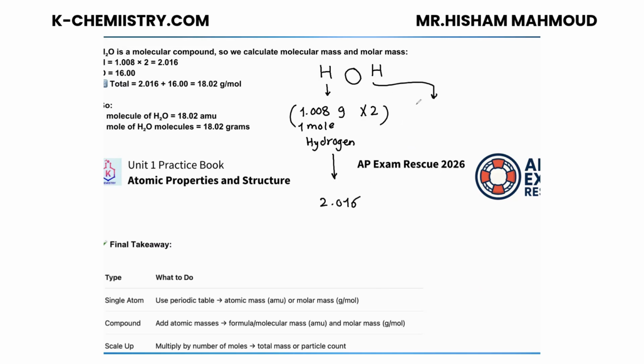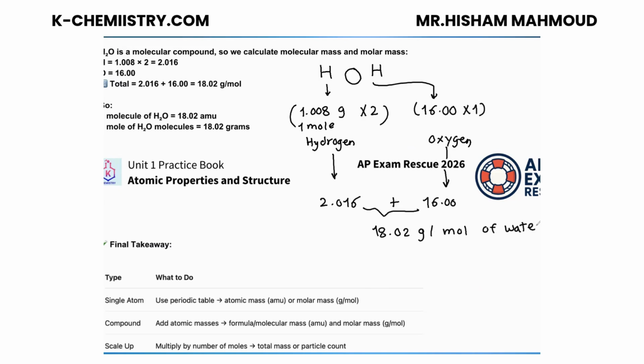And for the oxygen, I have 16, and I will multiply this by 1 because I have 1 only. So the total will be 16.00. And when I add these two together, I get 18.02 grams for every mole of water.